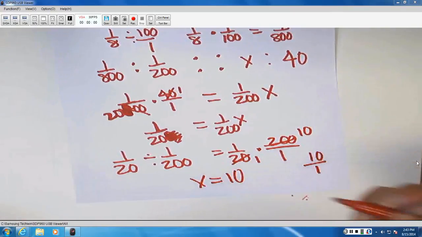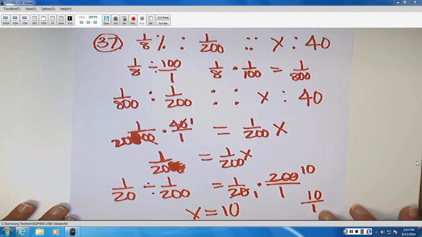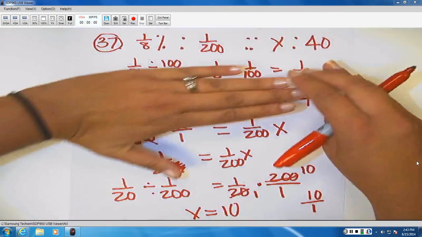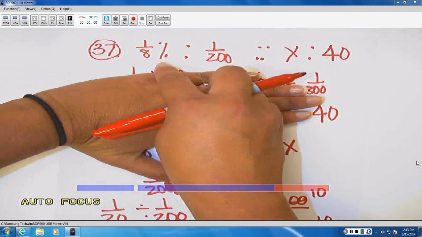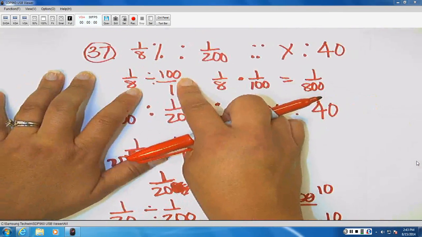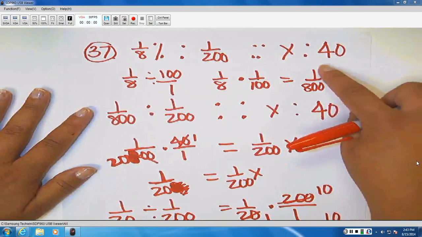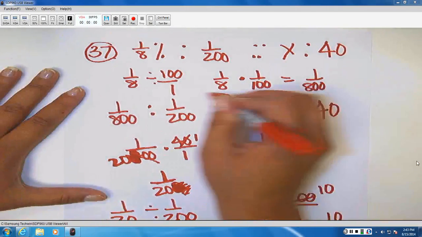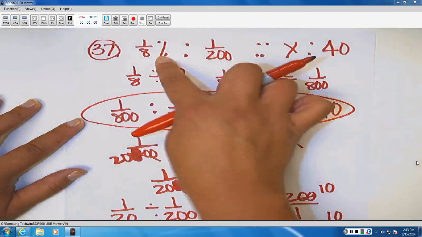So x equals 10. All right, so just to review this one, we started out with this proportion. The very first thing we wanted to do was get rid of this percentage. So we did that by dividing it by 100, essentially multiplying by 1/100, and we got 1 over 800. So this was our new proportion when we got rid of that percentage.